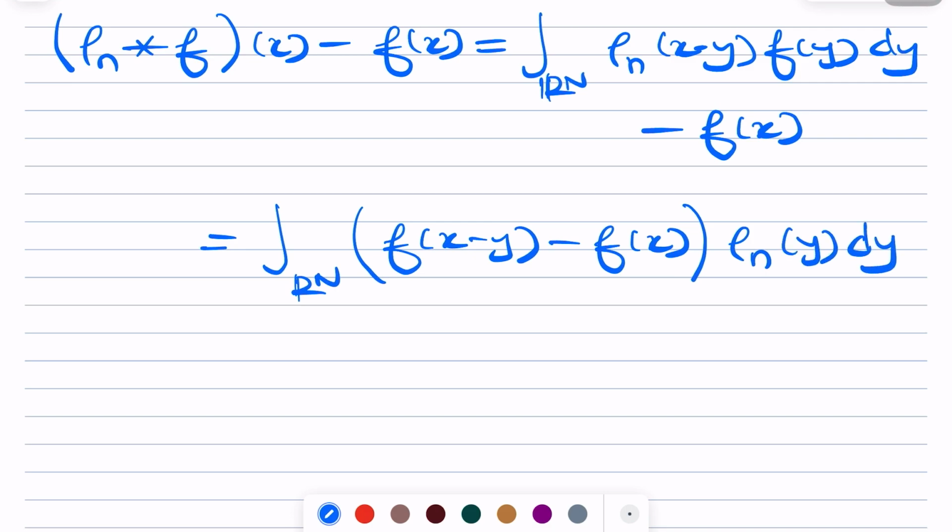Let me tell you how this equality emerges. Note that the integral of rho n is 1, because rho n, as I said at the beginning, stands for a sequence of mollifiers, so they integrate to 1, and then you also proceed by a change of variable.